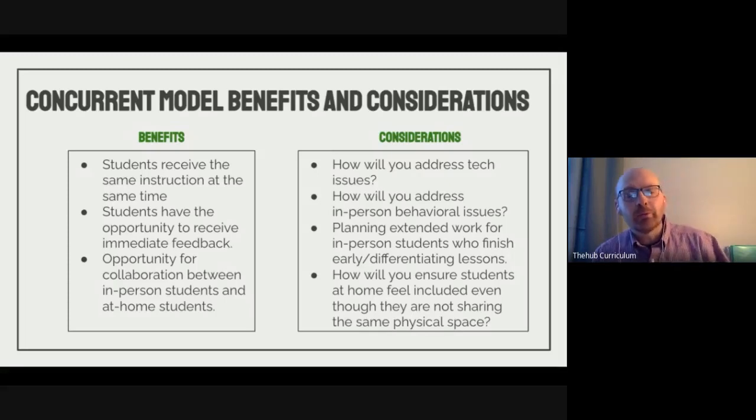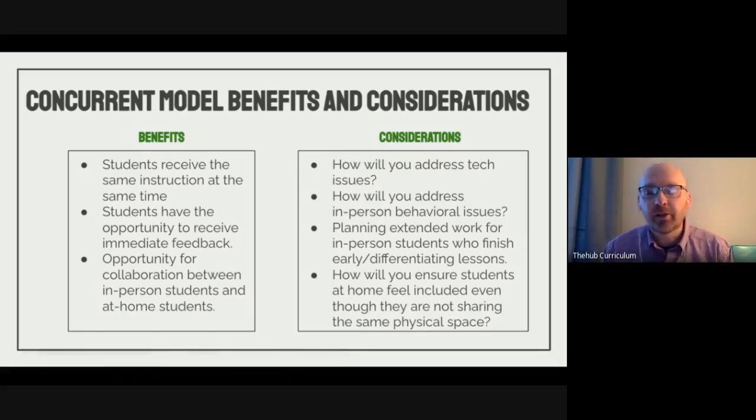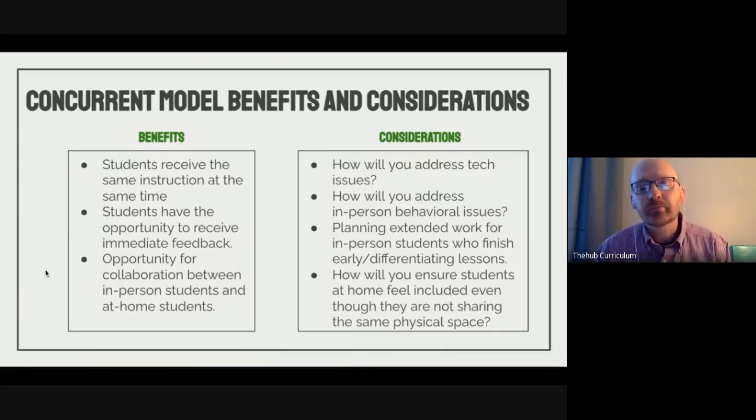That is also one of our considerations: how can we ensure students at home feel included, even though they're not sharing that same physical space? There are different ways you can do that. It could be small groups, could be a buddy system, but you're going to have to design it to what works best for you.